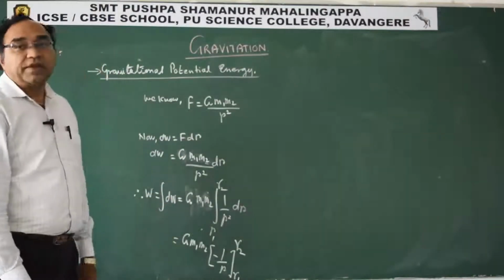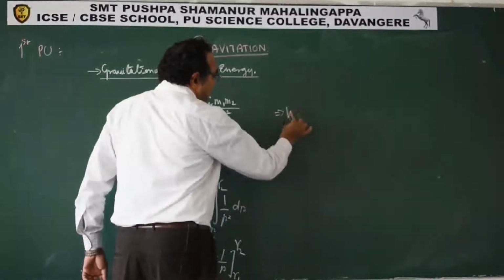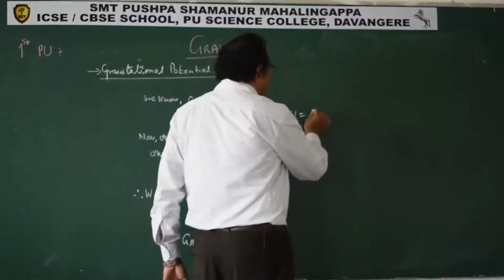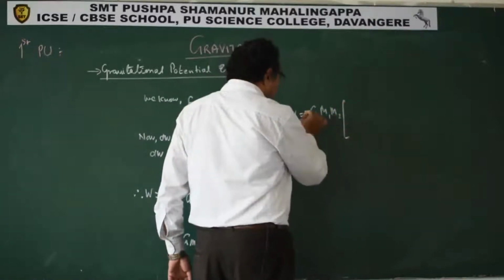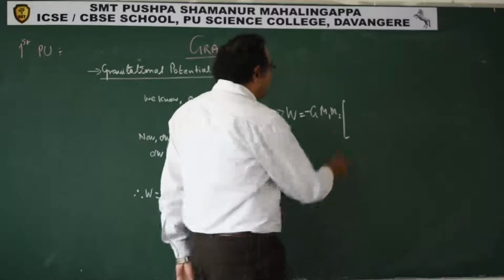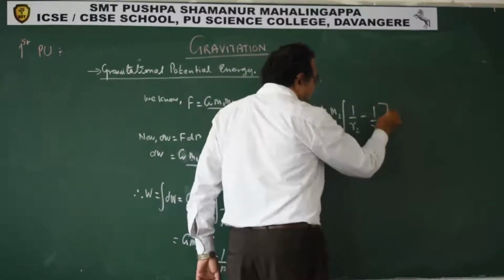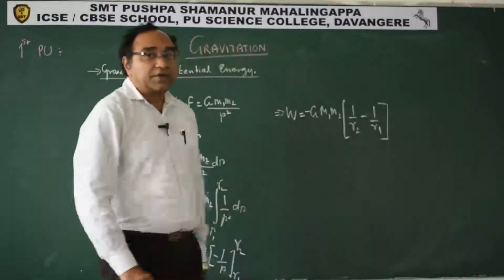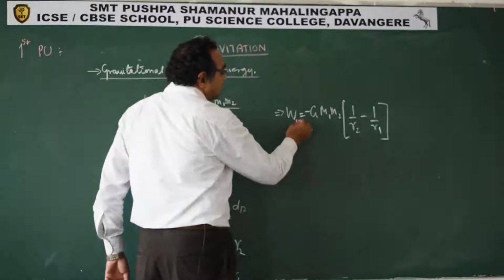Now if we substitute the limits of integration, we get W is equal to G m1 m2. You can take the minus sign outside and you will get 1 by r2 minus 1 by r1. This is the work done. What is this work done? This work done is in moving from 1 to 2.